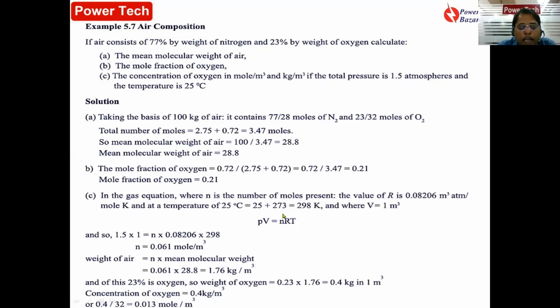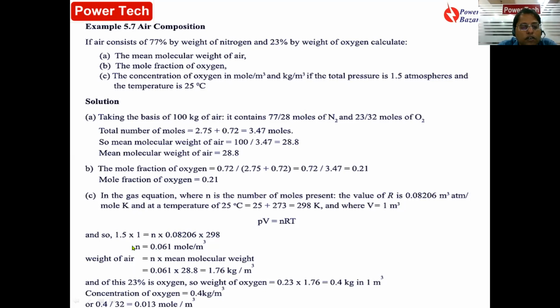Now you just apply all this in the gas equation. P is given as 1.5, V is 1, N we need to know, and the gas constant has been given or can be remembered. 298 is the temperature. So N becomes 0.061 moles per meter cube. This is the molar concentration. Now, what is the weight of air in that case?